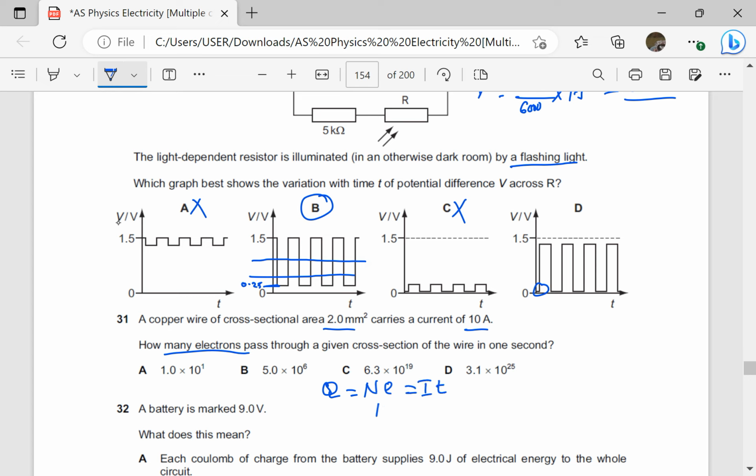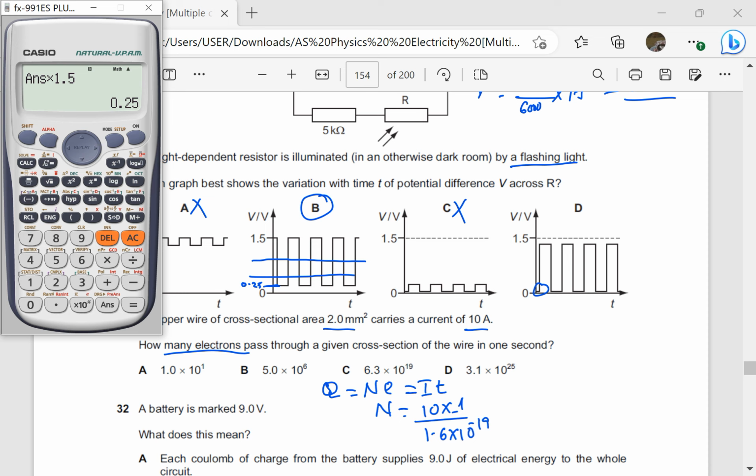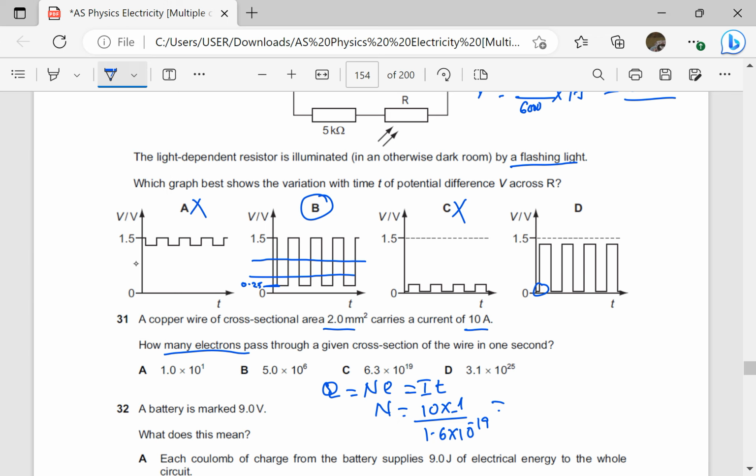So the number of electrons is the current, which is 10 amperes, times the time, 1 second, divided by the charge of each electron, which is 1.6 times 10 power negative 19. So we have 10 divided by 1.6 exponent negative 19, and that gives us 6.25 times 10 power 19, which makes our answer C, 6.3.